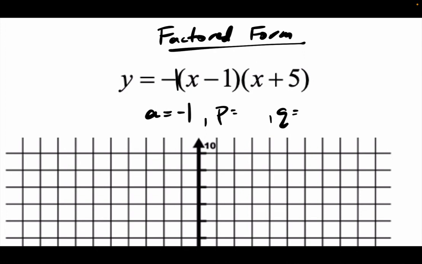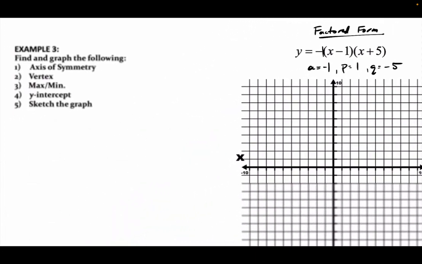P and Q are liars, just like H. So it's going to be +1 and -5. Okay. And then we're going to follow the directions on how to do each of those guys.